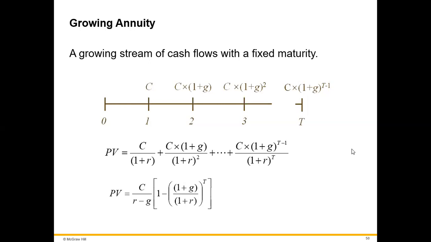So it'll be your amount of your payment each month, each year, whatever it may be, divided by your interest rate minus growth rate. Divide that R minus G into your payment. Multiply that by 1 minus 1 plus G divided by 1 plus R to the number of periods power.